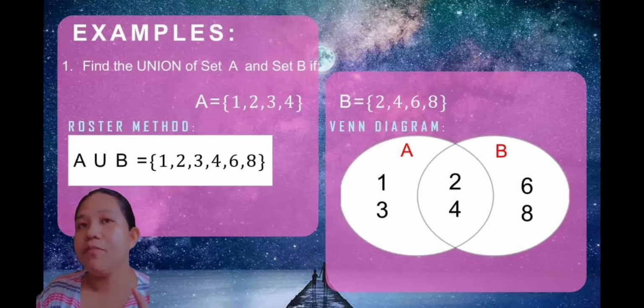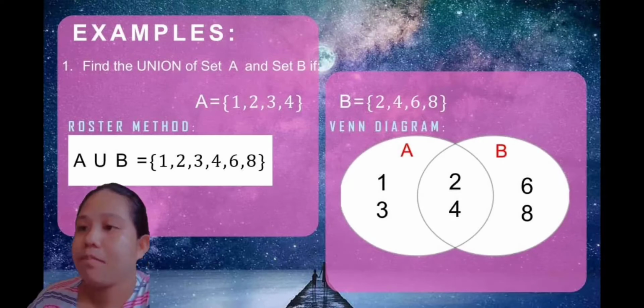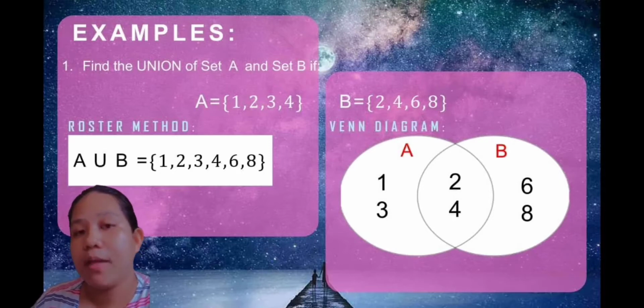Yung dun sa may first circle, yung part na hindi na-overlap ng circle, pwedeng ilagay natin dun as set A. Yung another one naman, yung another circle na hindi na-overlap pa masyado ng another circle, in-name natin as set B. So, set A and set B, overlap sila.